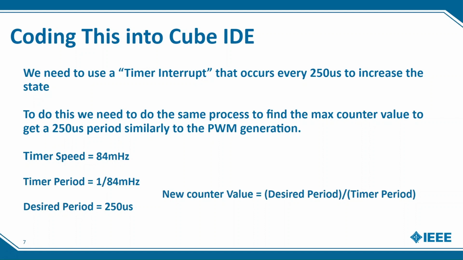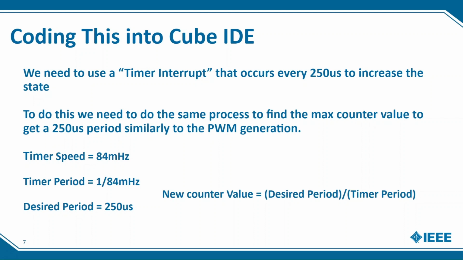So we have our desired period, which is 250 microseconds, divided by our timer period, which is 1 divided by 84 megahertz. I don't know if you guys have seen in your class that T represents the period, and the period is always 1 divided by the frequency. The period is just how often it happens. So what number did you guys get?